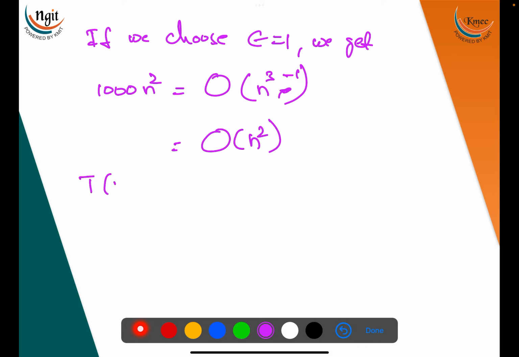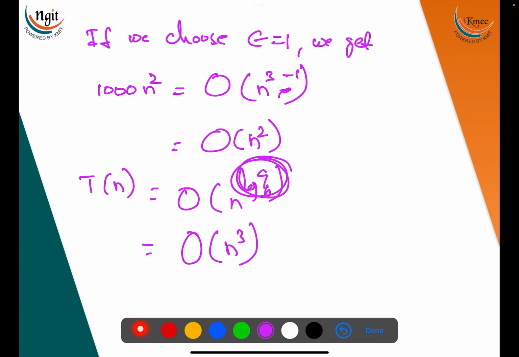So the time complexity T(n) is equal to big O of n^(log_b a). Log_b a value is 3, so it is big O of n cube. So that is the first case.